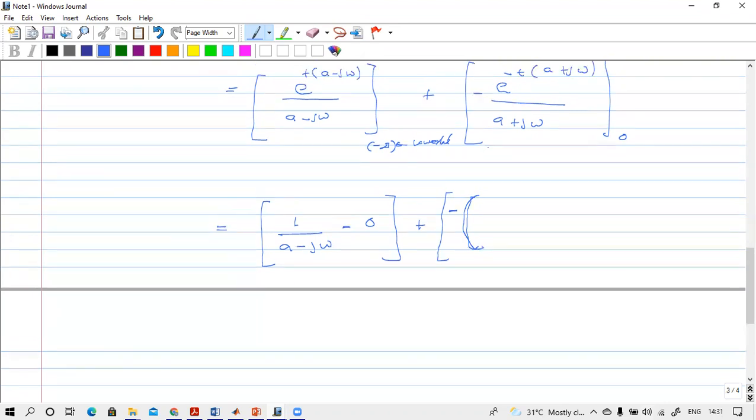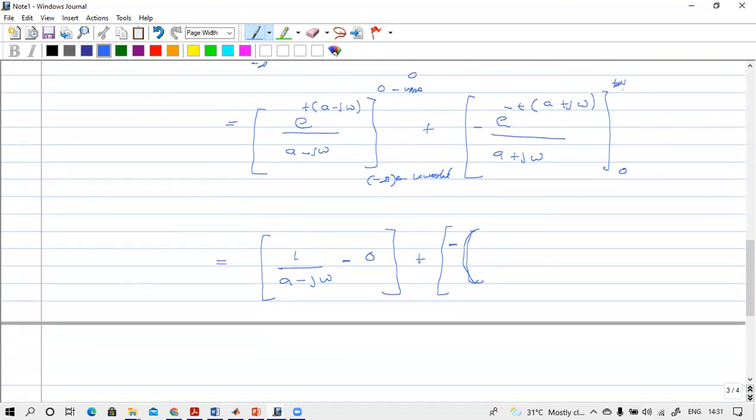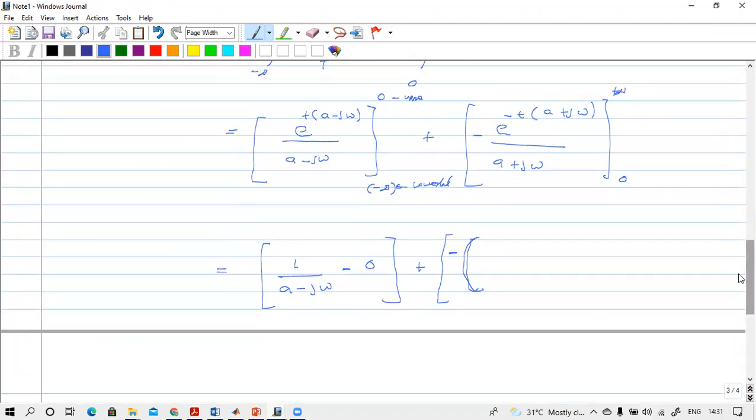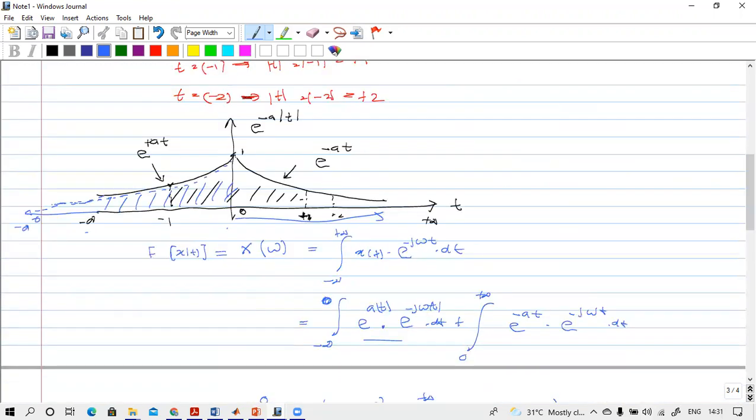So you have to apply the upper limit, that is plus infinity. If you consider this line of the graph, what happened when t reaches plus infinity? This x(t) will reach 0. When t is reaching plus infinity, x(t), that means e to the power minus at, is reaching 0.